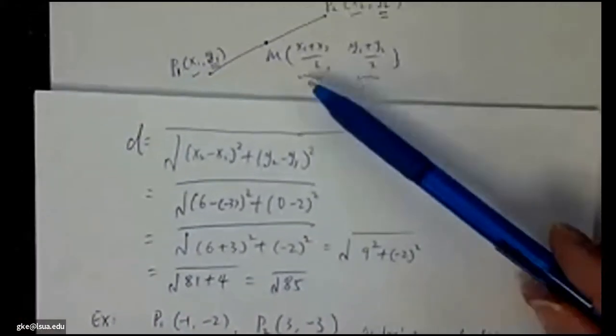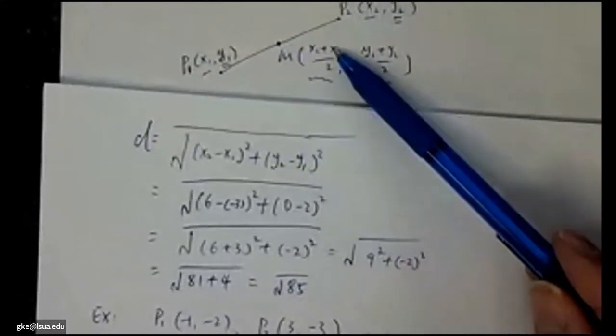You have two points, and you calculate the average of these two.